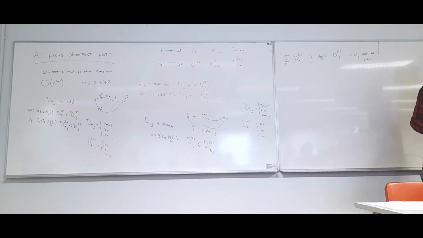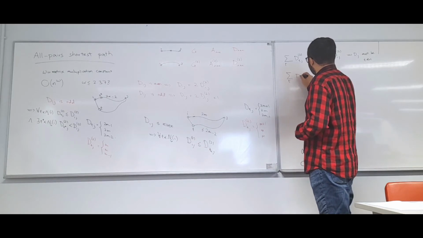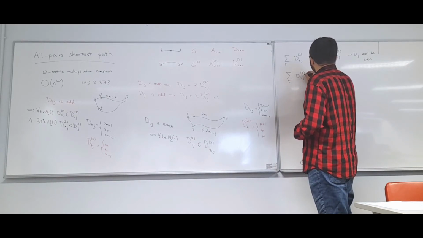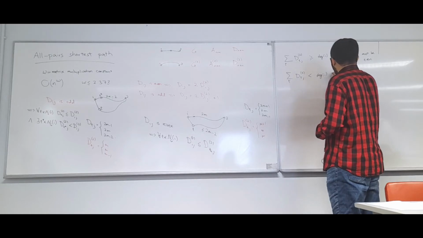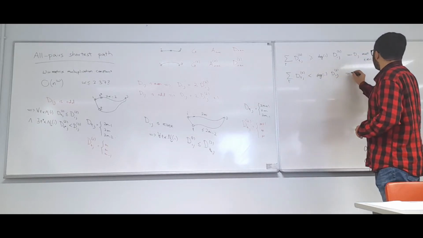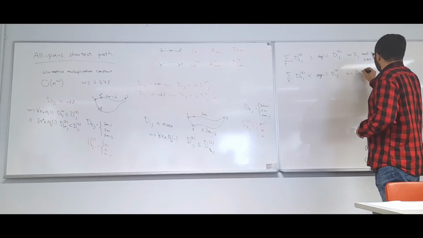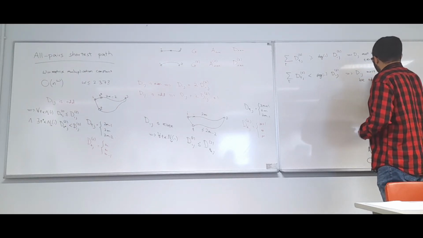Right? And if this sum is less than the degree of I times the distance from I to j, I know that Dij must be odd. Okay, this is nothing special.